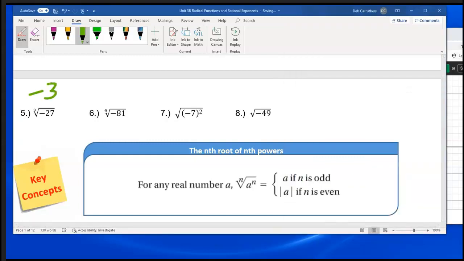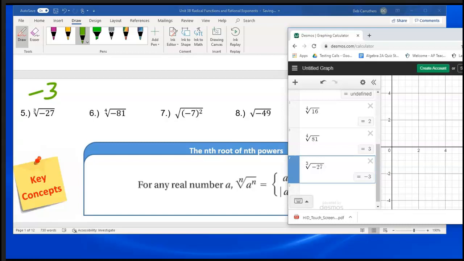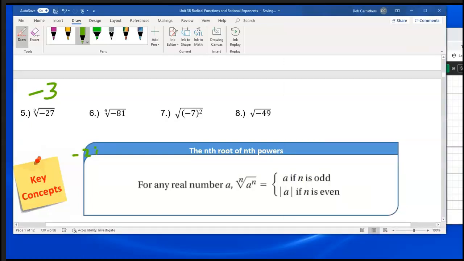Now remember, if you're using your TI-84 calculator, you would put in negative 27, and then you'd use the little caret sign, and we use fractions, so this would be to the 1/3 power.